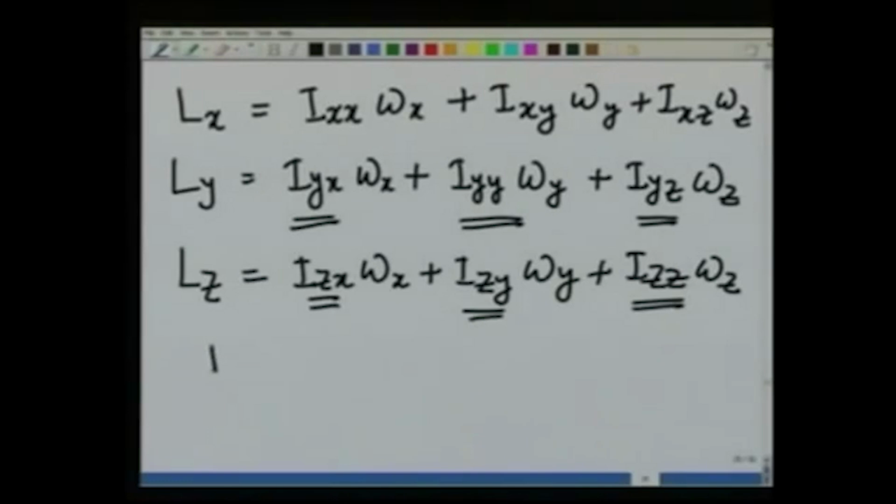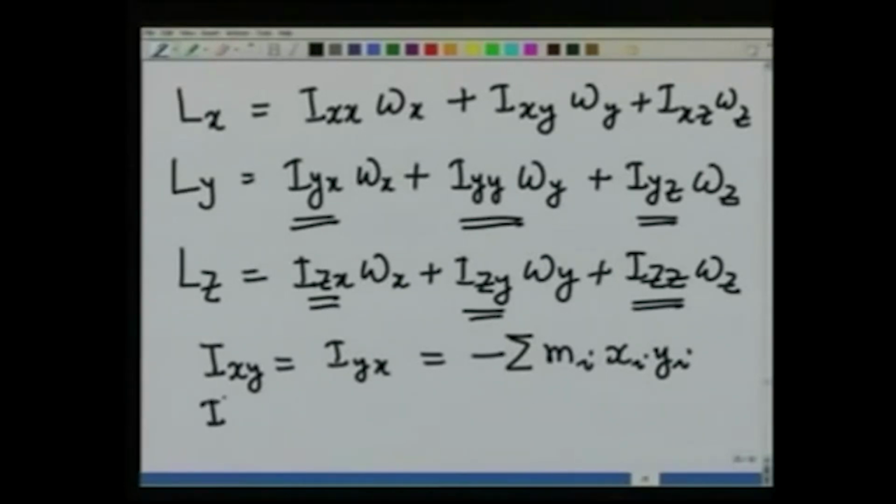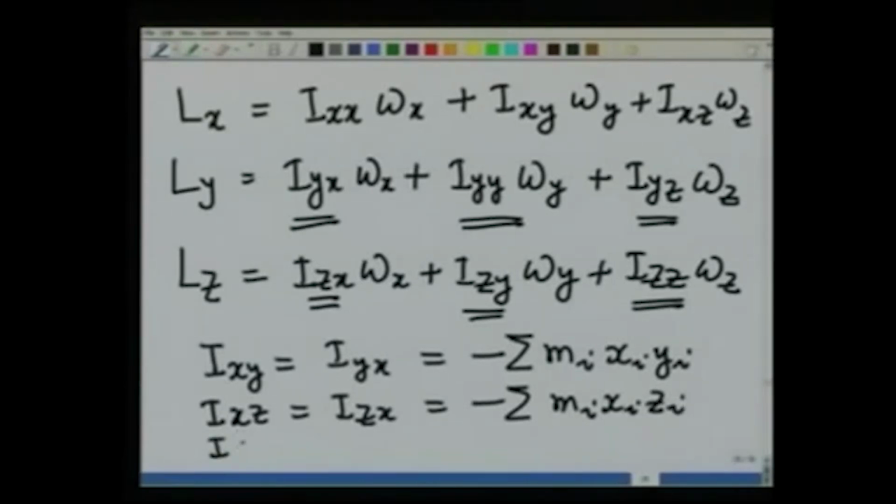Let me define them. Ixy is equal to Iyx, which is equal to minus summation mi xi yi. Ixz is equal to Izx, which is equal to minus summation mi xi zi, and Iyz is equal to Izy, which is equal to minus summation mi yi zi.